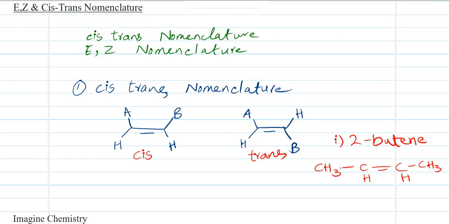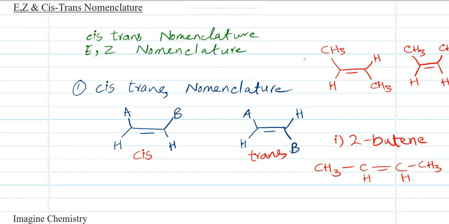Now this 2-butene can exist in two forms. The first one where the two methyl groups are on different sides, and these two hydrogens will be like this. And the second case can be where the two methyl groups are on the same side, and then the hydrogens will be on the same side as well.